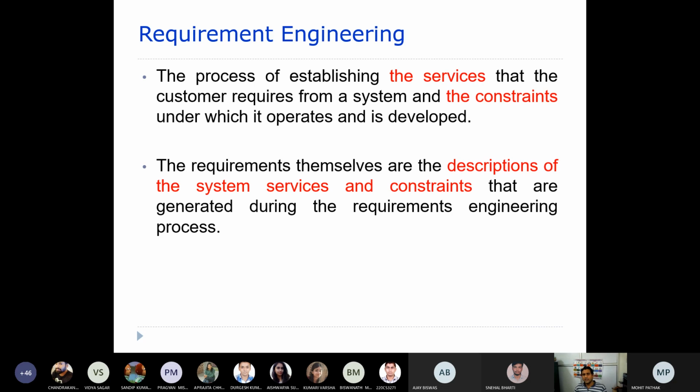Now, what is requirement engineering? Through this process, we are going to establish what are the services that are required from a system or the software that we are going to develop, as well as what are the constraints under which this software is going to operate or run, or under which it is developed.